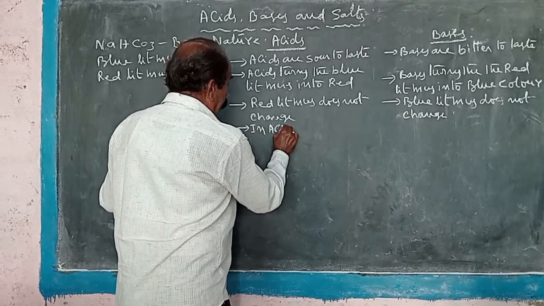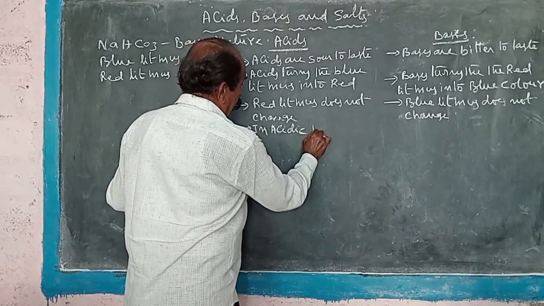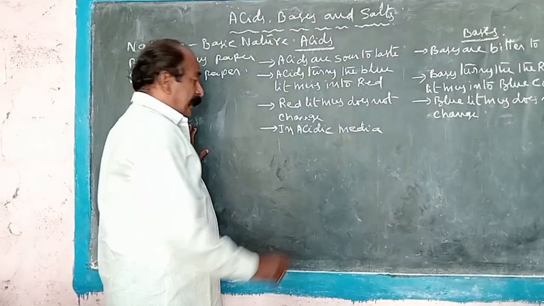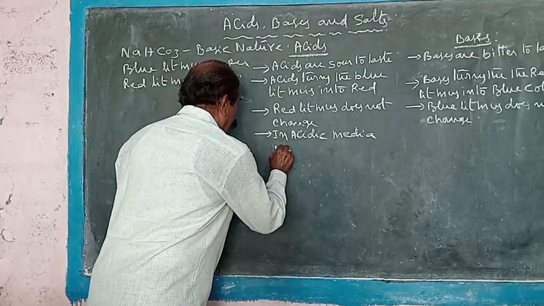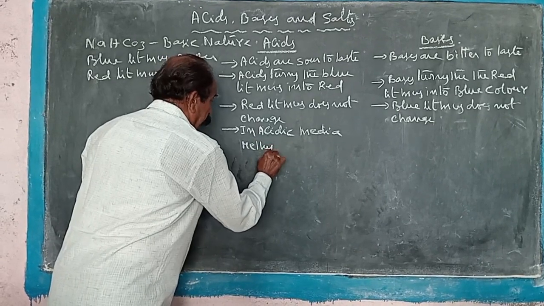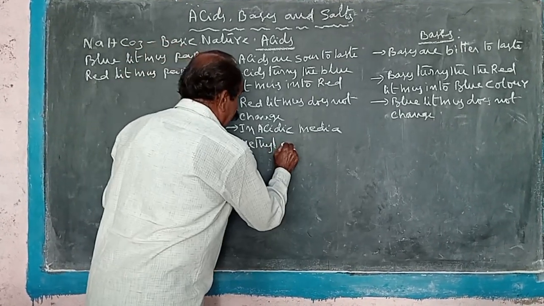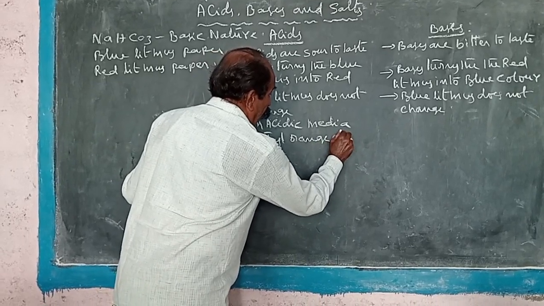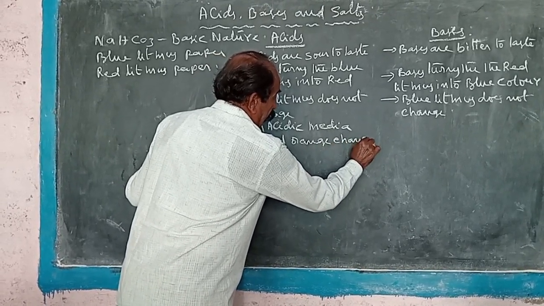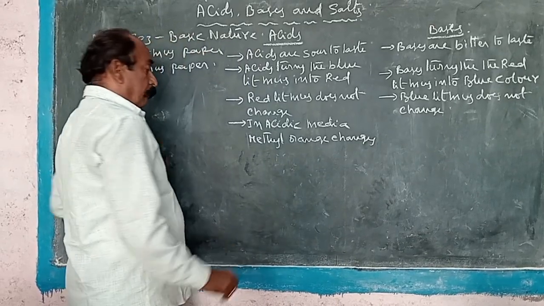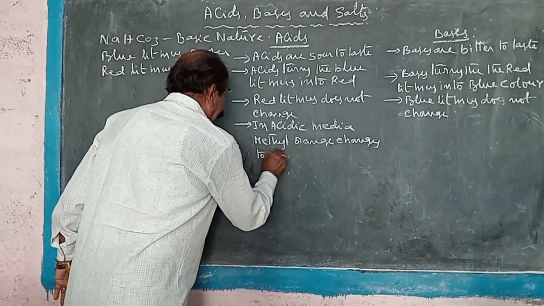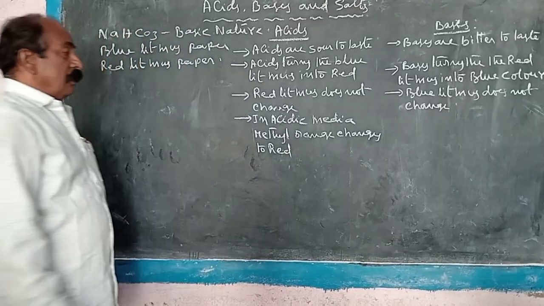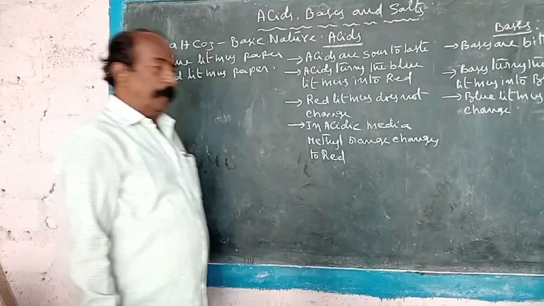In acidic media, methyl orange changes to red or pink color. Methyl orange changes to pink color.